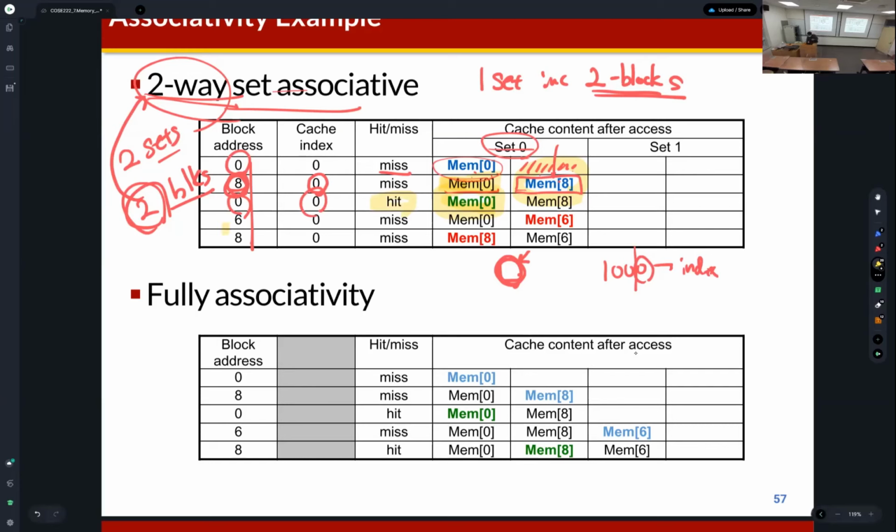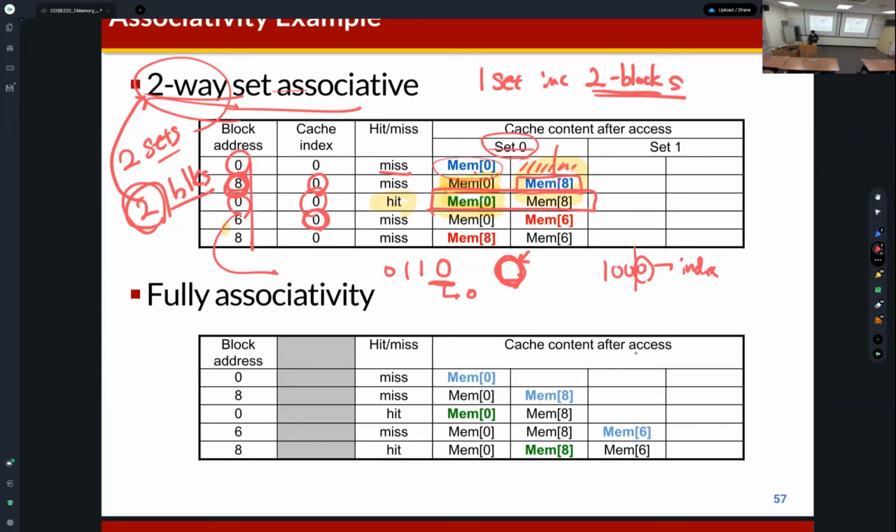And then 6. This block address is 110, the 6. So the index number is 0 here. In this case, all blocks of the cache are already occupied.